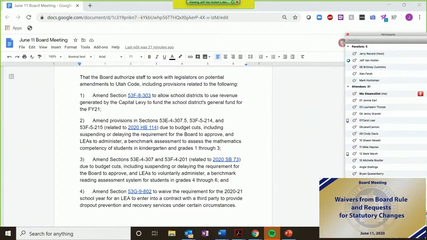Of course, the whole intent is to build buildings, but in a time of crisis, they have that revenue sitting there, and they can put some of that construction on pause to prop up education.